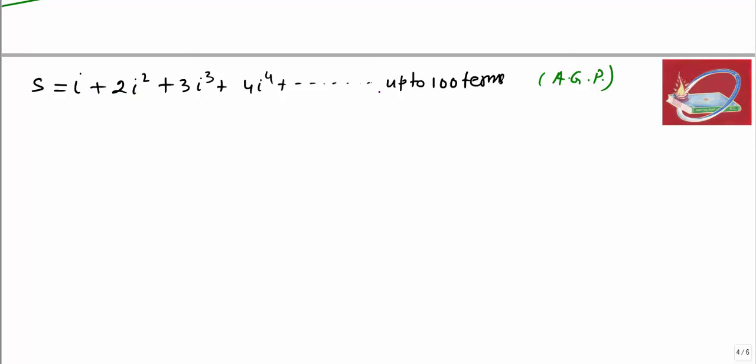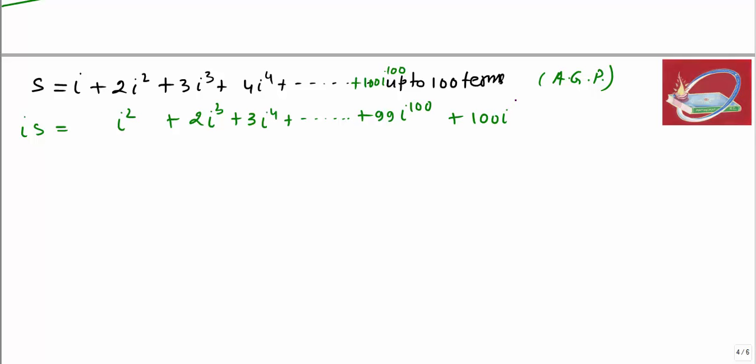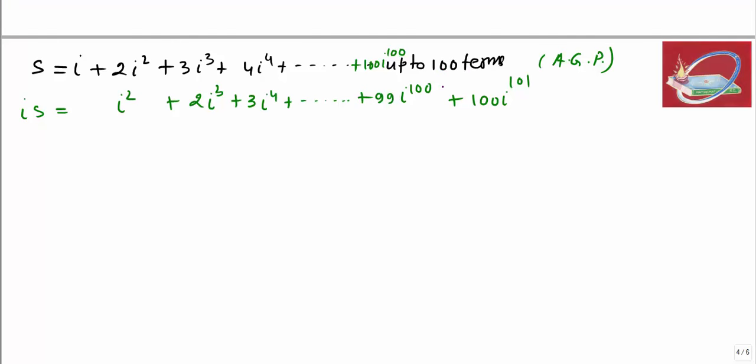So the 100th term must be of the kind 100 iota to the power 100. So if we multiply it by iota, iota s must be i square plus 2i cube plus 3 iota to the power 4 and so on, plus 99 iota to the power 100 plus 100 iota to the power 101.